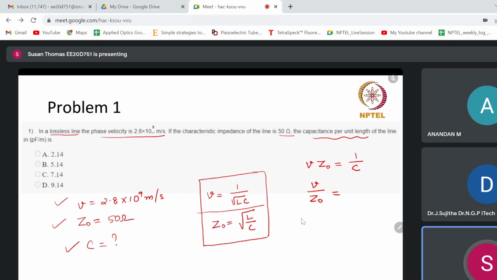From these basic equations, you can calculate what is C. So V into Z naught gives us 1 by C, and V by Z naught gives us 1 by L.